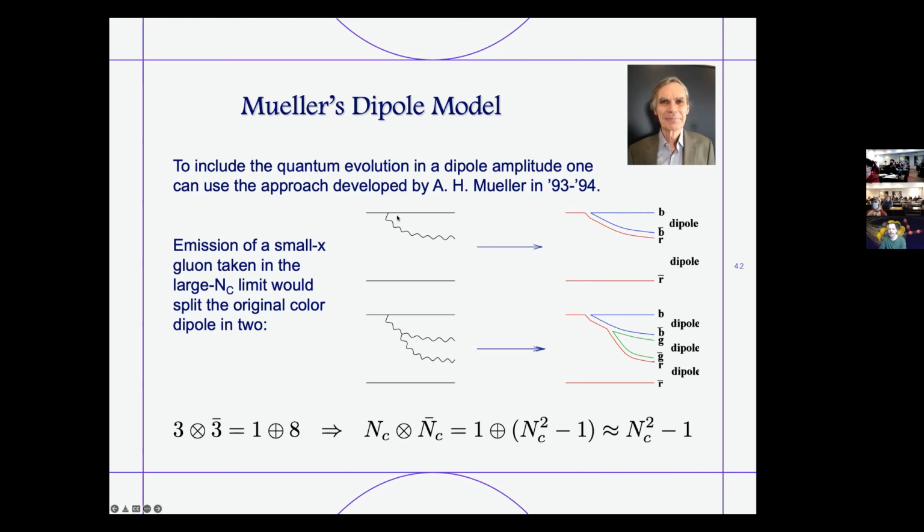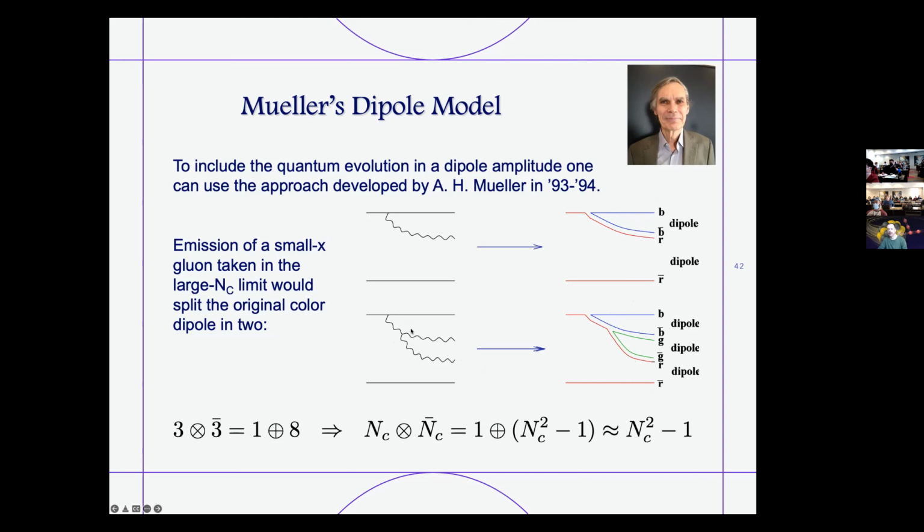So in other words, a gluon emission here splits the original dipole into two dipoles, blue anti-blue here and red anti-red. Of course, in the end, we sum over all colors in each dipole, but what's important is we have two separate dipoles. If we emit another gluon, we split existing dipoles into two again, right?